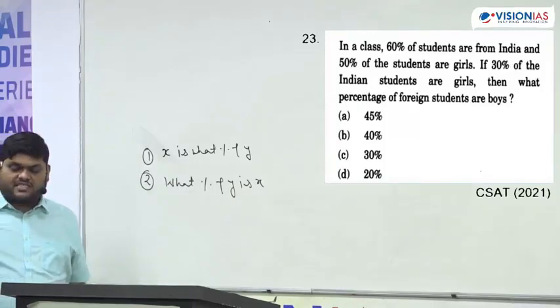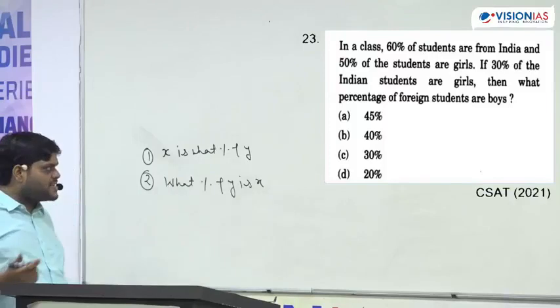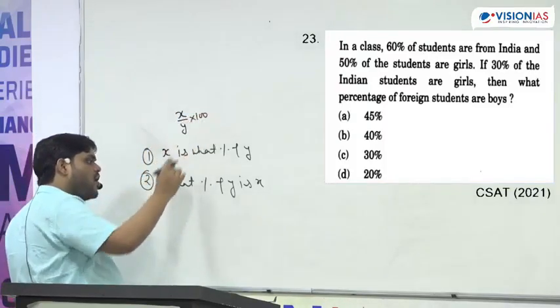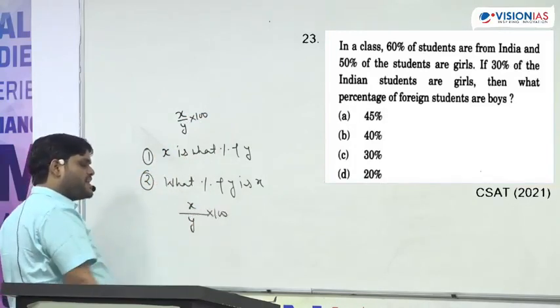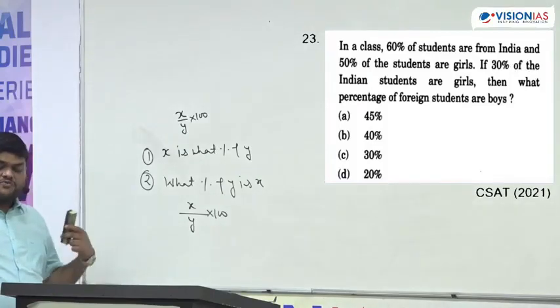Already we have discussed these two statements. X is what percent of Y, that also means X upon Y into 100. Or what percent of Y is X, this also means X upon Y into 100. So just go by the final statement.